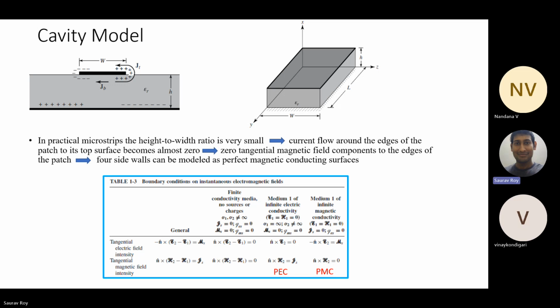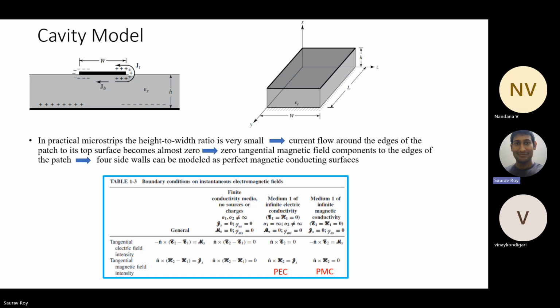That is the main point of our cavity model. The top and bottom layers are PEC, and the other four layers are PMC. That is how it is actually analyzed.